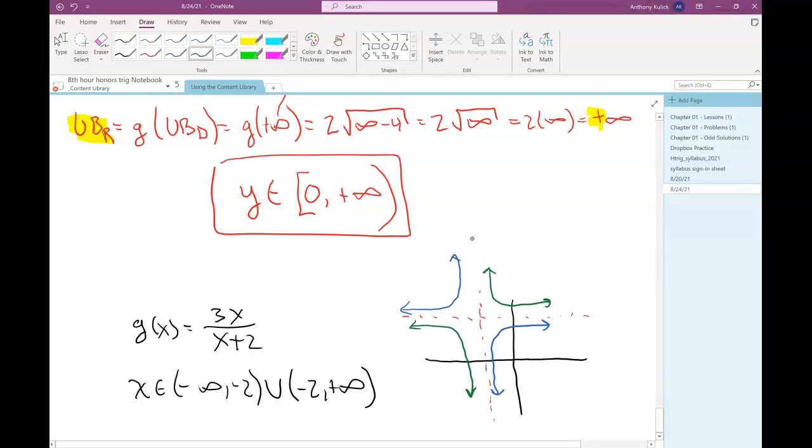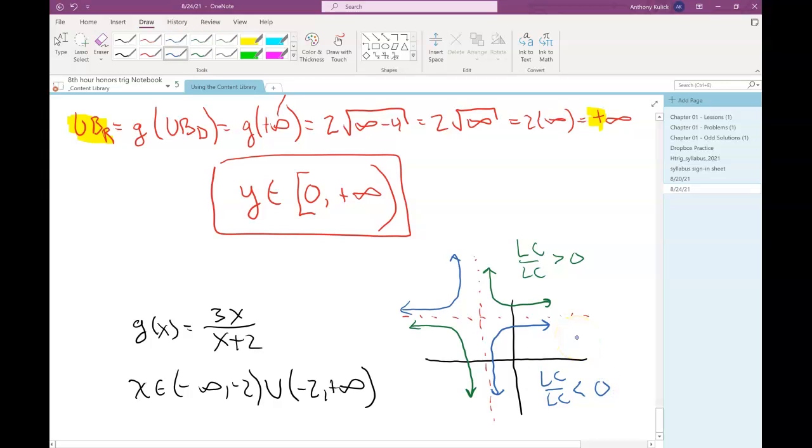Does anybody remember how we can tell whether they're getting blue or green? You have to look at the ratio of the leading coefficients. So if the leading coefficient over leading coefficient is positive, you're getting the green graph. And if the leading coefficient over the leading coefficient is negative, you'd be getting the blue graph.